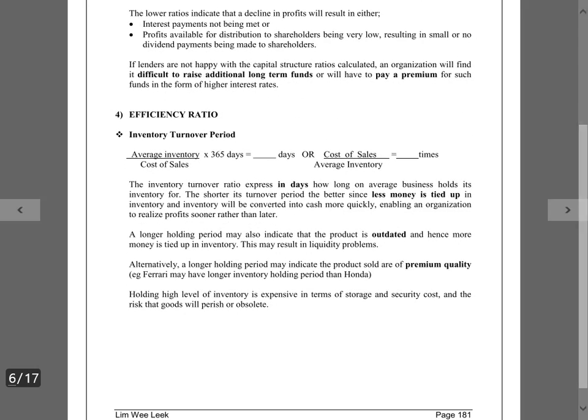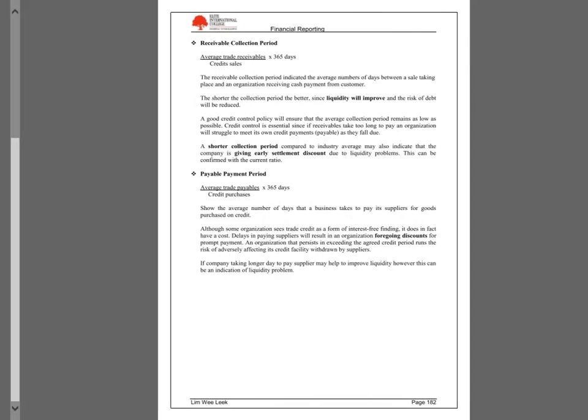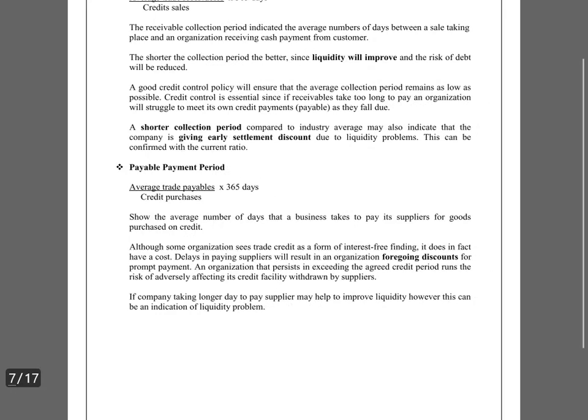And the last one, efficiency ratio, like your inventory, receivable, and payable. So those are the main categories, but that one is not so important. Most important is the formula, which is a requirement, and to interpret the ratio. Formula, calculation, and interpretation, you definitely have to know.